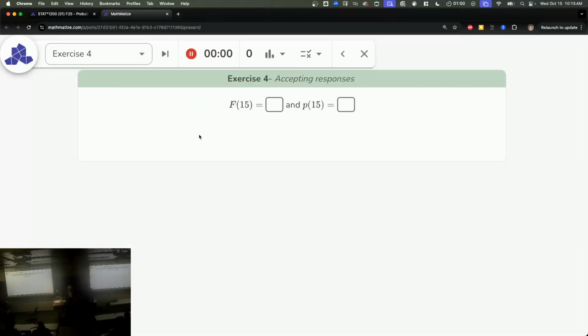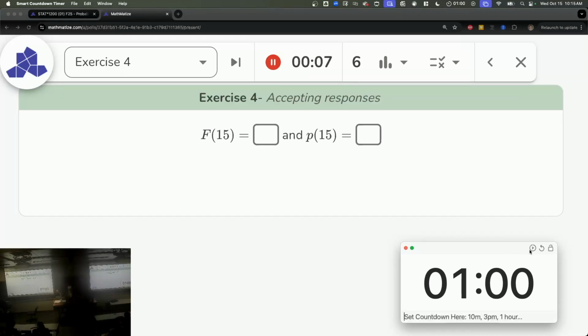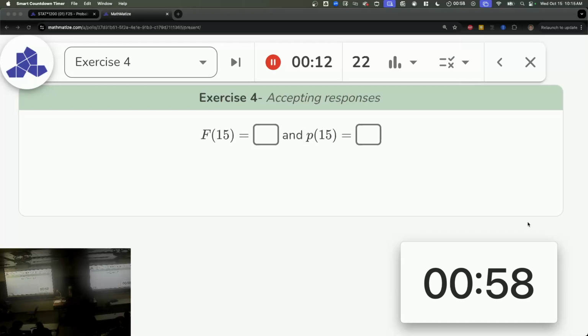Okay, I have opened it up again. Even if you don't want to change your answer, you have to put in your answer 1 more time. And I will give 1 more minute to think, use the definition, and talk to your neighbors and try and see if you can figure out what is the correct answer for f of 15.